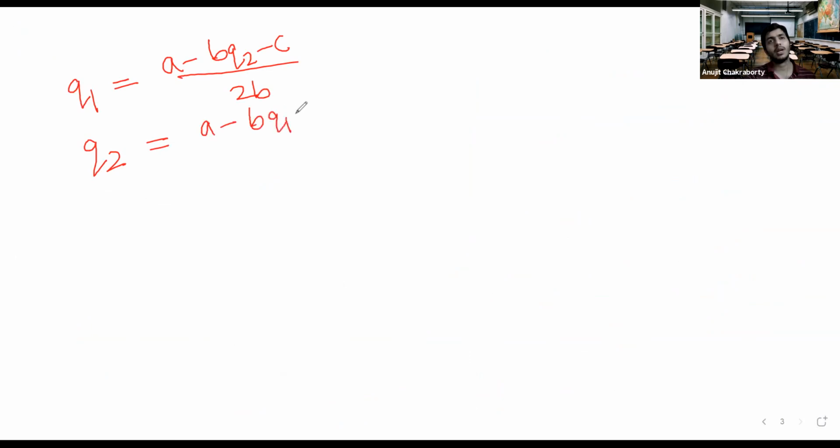So what you have is Q1 is (A minus BQ2 minus C) over 2B. And you have Q2 is (A minus BQ1 minus C) over twice B. Okay, so you've got those two equations. Now, I want you to think about what you think is going to be the solution to this problem.